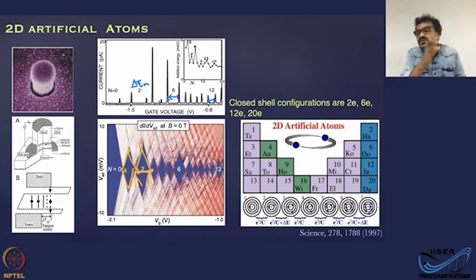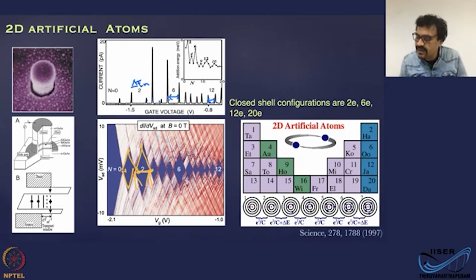There you are walking through various elements by changing the number of protons, neutrons, and electrons. Here, you are walking through the gate voltage space, where the shell filling configuration is different for different gate voltage.